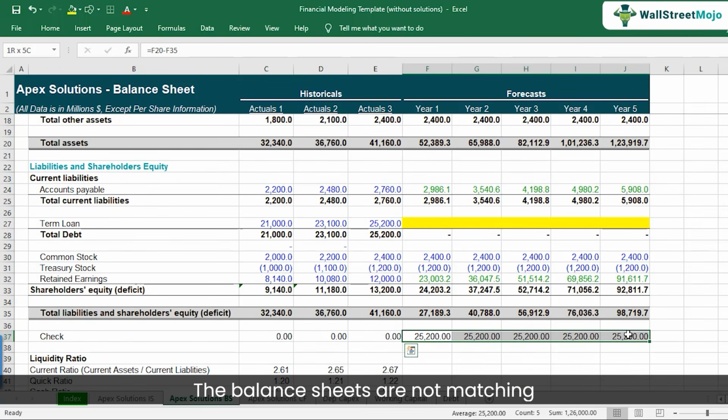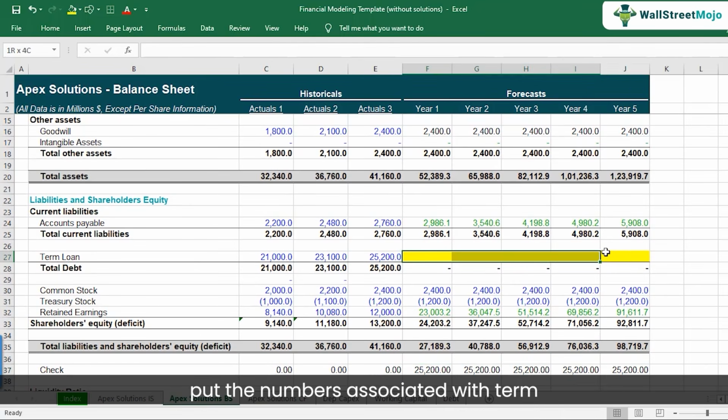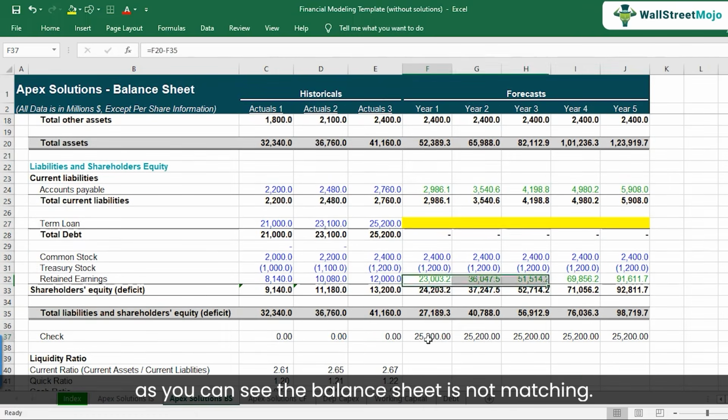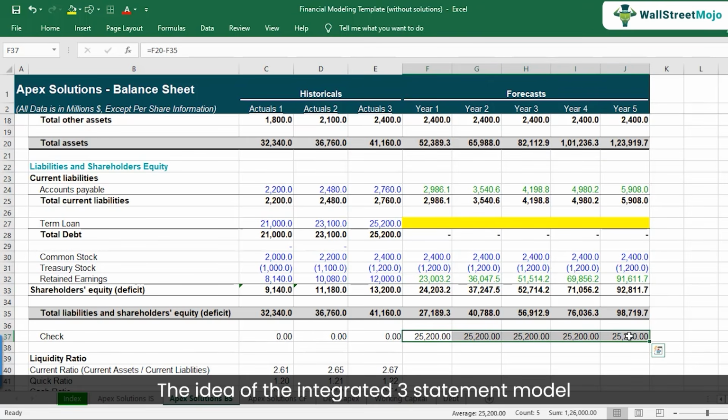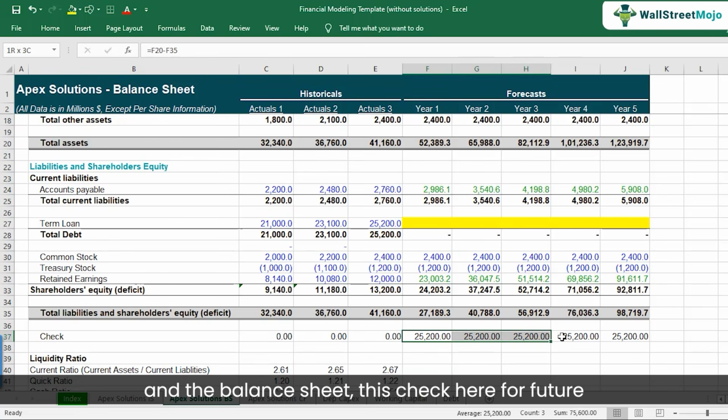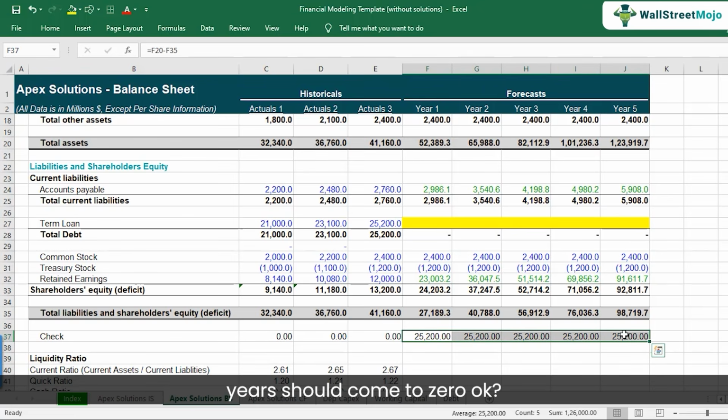The balance sheets are not matching because we have not yet put the numbers associated with the term loan, and all of these numbers are going to come when we complete the debt schedule. So as of now, as you can see, the balance sheet is not matching. The idea of the integrated restatement model is to make sure that after we do all the cash flow linkages and the income statement and the balance sheet, this check here for future years should come to zero.